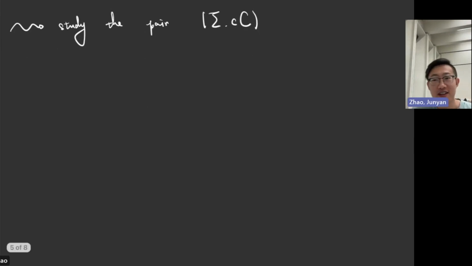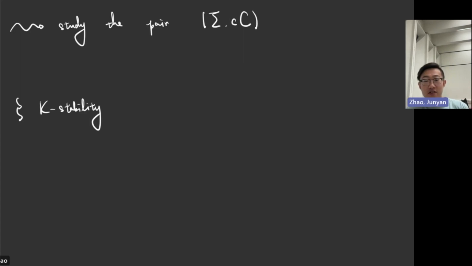So now it's the time for K-stability. I think people know something about this, so I won't introduce too many notations or histories of that. But we know the K-stability notion was introduced by Tian and Donaldson for studying the existence of the Kahler-Einstein metric on Fano manifolds, right?